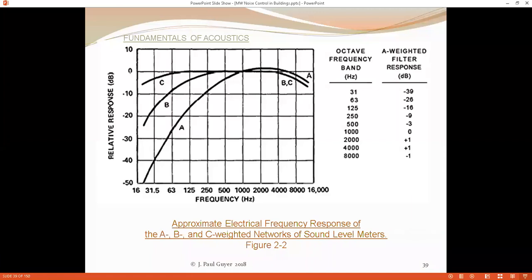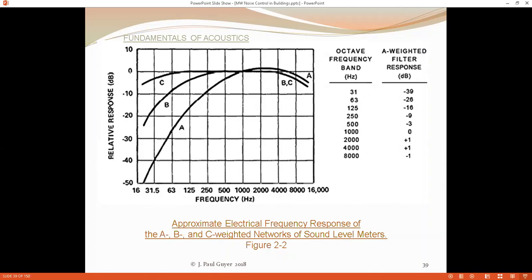Then between 500 and around 15,000, again looking just at the A curve, the sound level meter does not filter out very much of that sound, and it records it. It's sensitive to it.